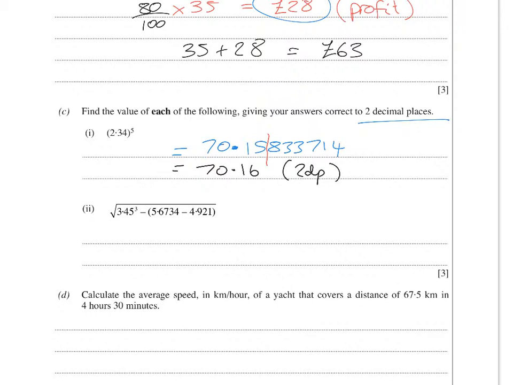Okay, and likewise with the next one, stick it in exactly as it looks like in your calculator. Make sure you've got the cube. There's an X cube button on your calculator, and then minus brackets 5.6734, and then minus 4.921, and equals. And again, stick down the entire answer.